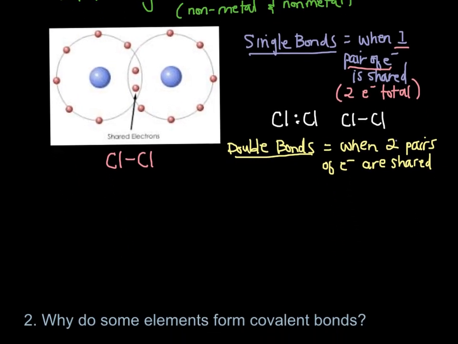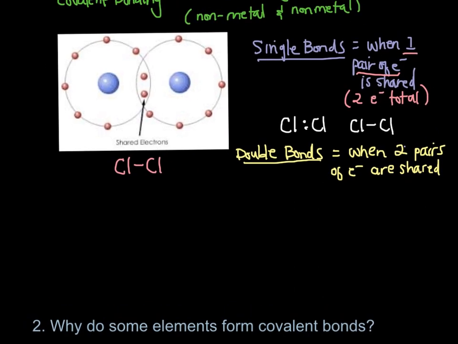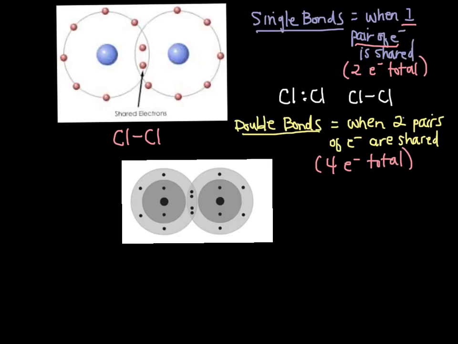So a double bond, which is also possible, is when you have 2 pairs of electrons being shared between two atoms. So that would be 4 electrons being shared total between two atoms. So in this drawing, we have 2 oxygen atoms, and you'll see that they each have 6 of their own valence electrons, and then they each share pairs of electrons, so they end up with 8 total electrons.